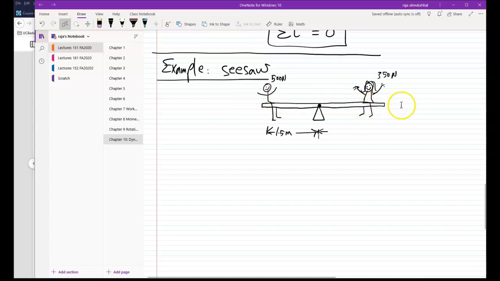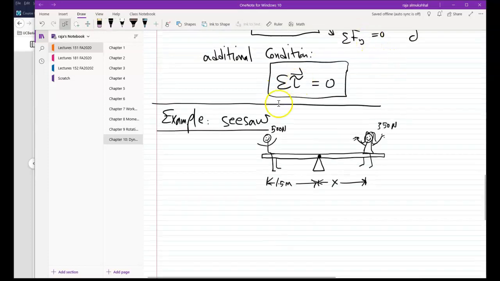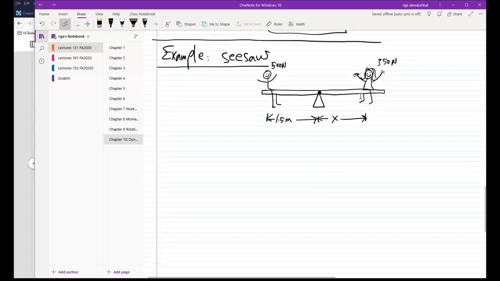If she sits way out, let's say the seesaw extends far away, she may outweigh the brother, and the brother will go up. So where is the magic number? Where is that right distance at which she will balance with her brother? We're going to call that X. I don't know what it is. We're going to find out using the law of equilibrium, sigma tau equals 0. So that's basically the situation that we have.